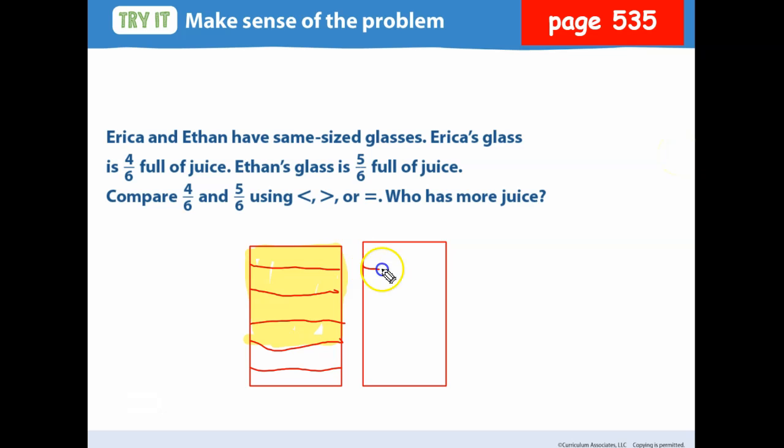All right. The key is that they have to be the same. All right. So 5/6. That's 1, 2, 3, 4, 5. Almost all the way down, huh?